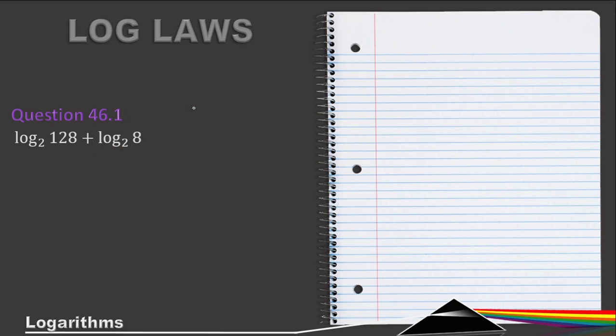Now, there's 2 ways. We can either add them first and then multiply the numerical values, or we can start by putting them in prime factors. So I'm going to start by putting them in their prime factors. Okay, so log 2, 128.